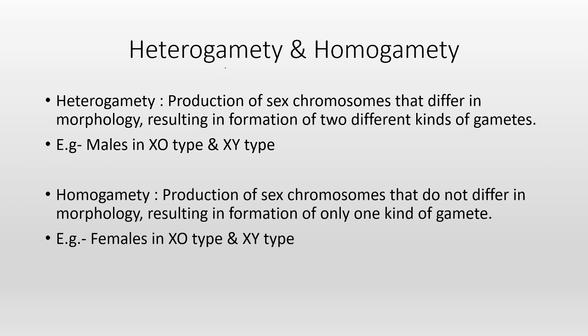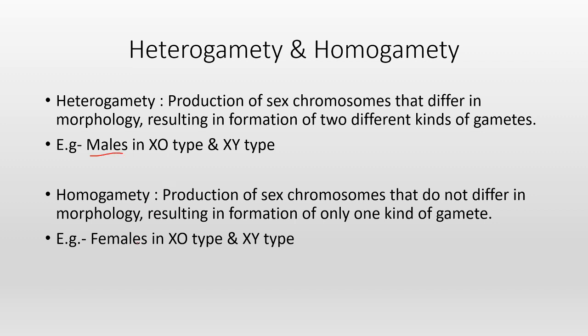Hetero means different type of gametes. So production of sex chromosomes that differ in morphology, resulting in the formation of two different kinds of gametes, is called heterogamety. And in both XO and XY types, it is the males that are heterogametic, so it is called male heterogamy.